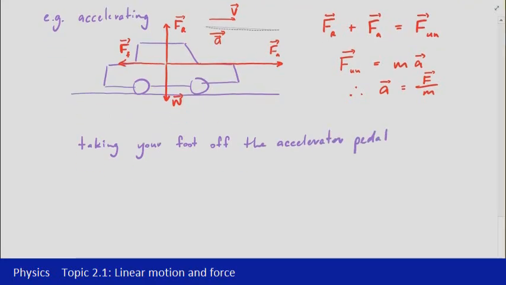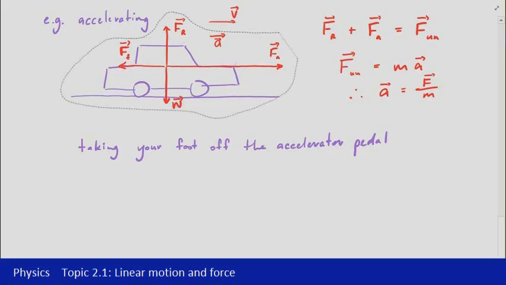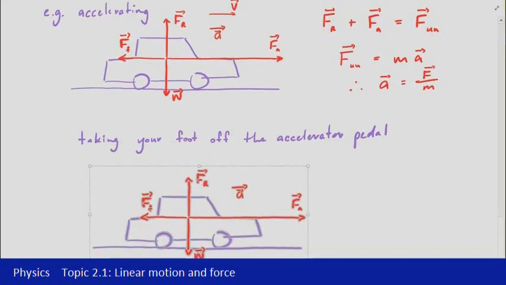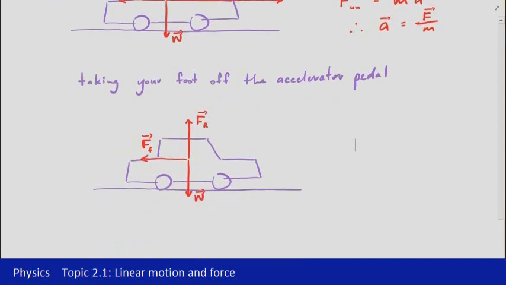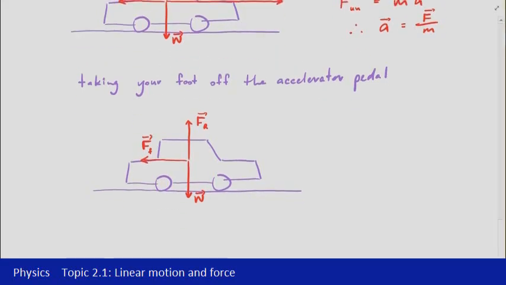So I'll just copy this diagram and instead of having this applied force, we're now going to have that as our diagram. So you notice there's no applied force pushing the car forwards, we only have the frictional force pulling back. So in this case, the frictional force is an unbalanced force. So that provides the unbalanced force in this case.